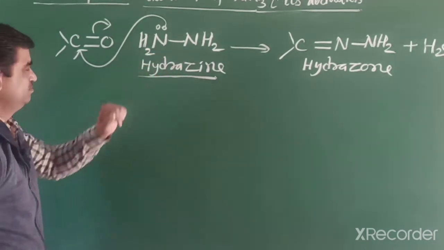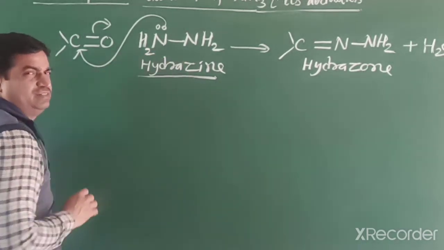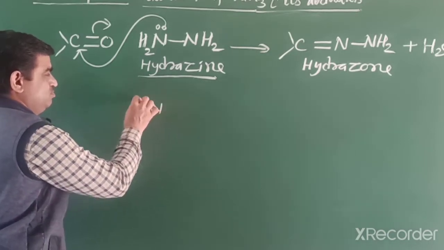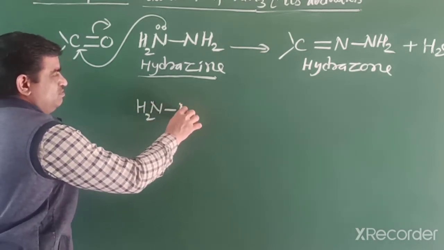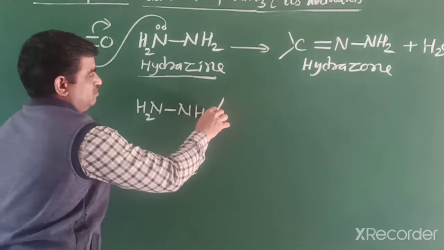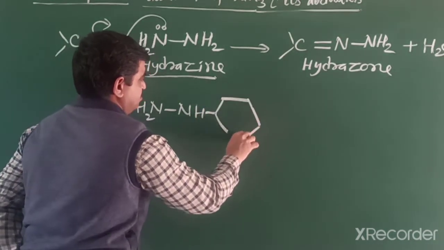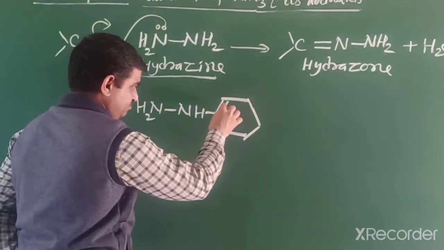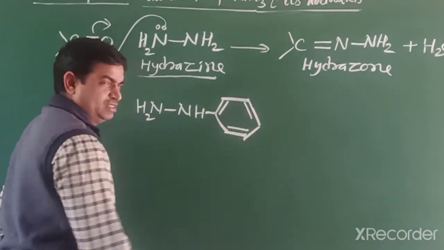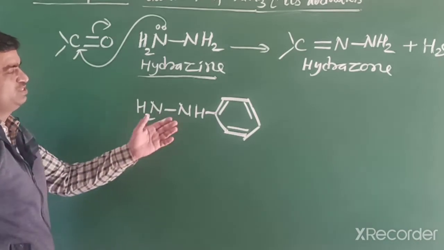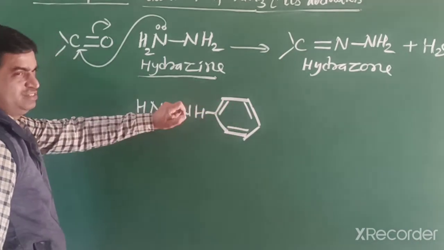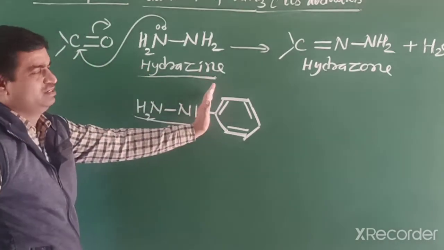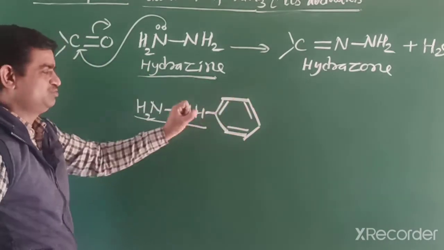If this hydrazine is further attached to a benzene ring, we can write it in this way. Its name is phenylhydrazine, because the main compound is hydrazine and this aromatic system is a substituent.